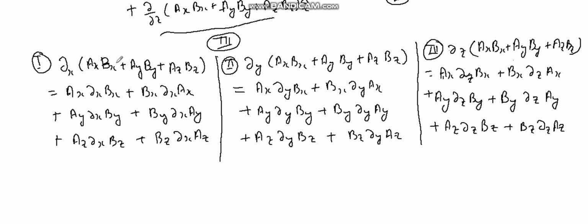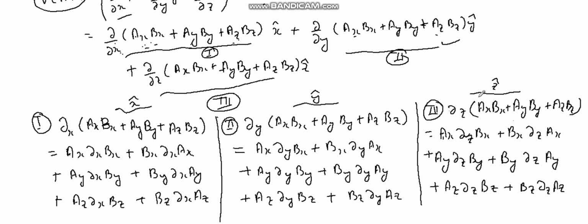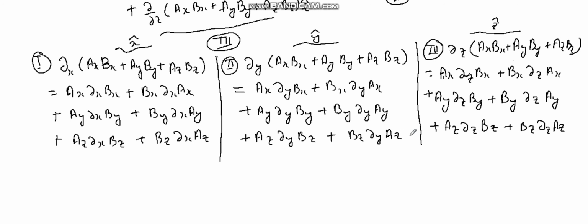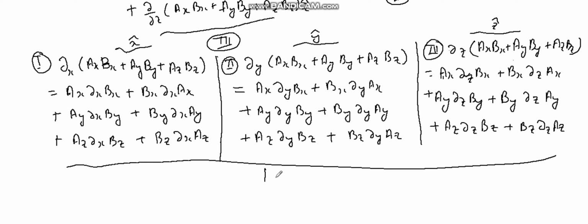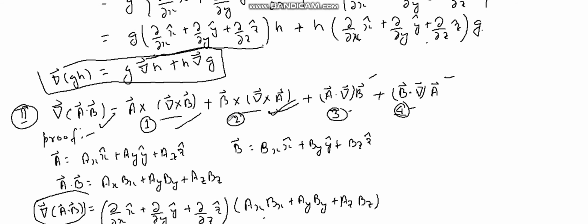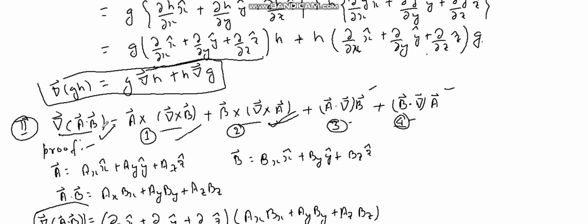And of course the x cap will be there, and y cap will be there, and z cap will be there. So together, all these terms are actually the LHS. So this is the LHS, right? We have expanded this term.